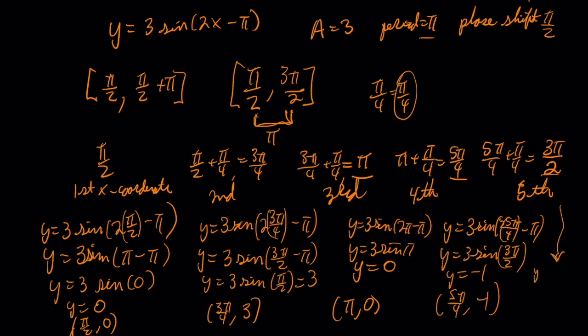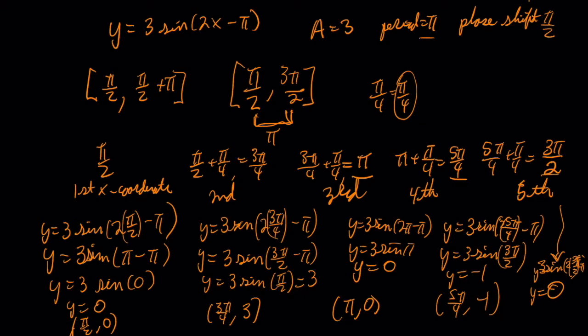Y equals 3 sine of 2 times 3 pi over 2 minus pi. It gets a little tiny, I'm sorry. But you're going to get y equals 0 for your final answer. So that's how you can also graph a sinusoidal function, by finding points instead of doing the graph transformations.